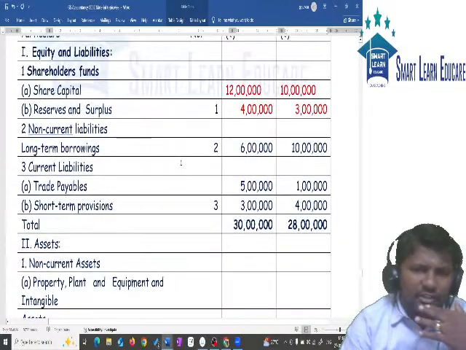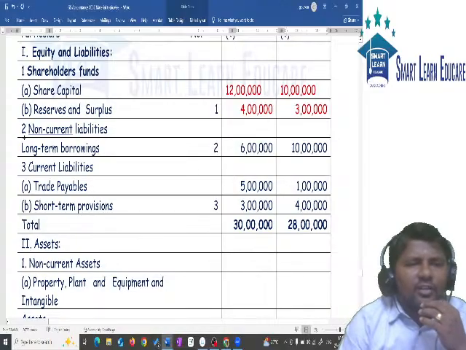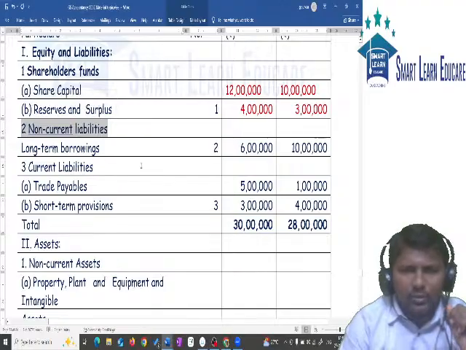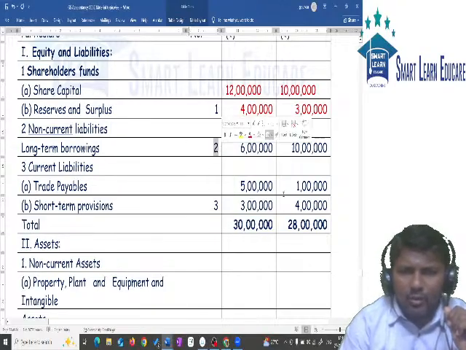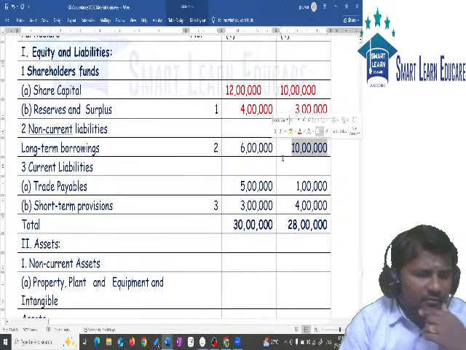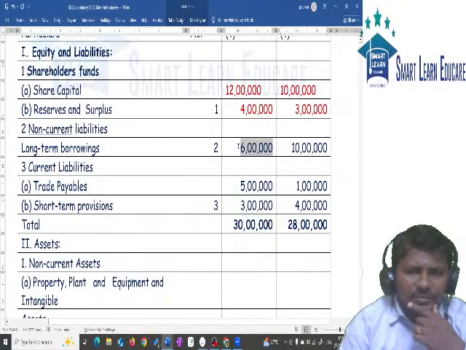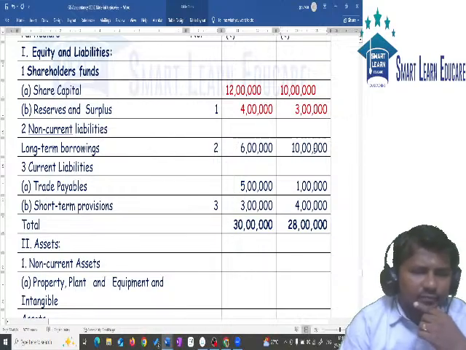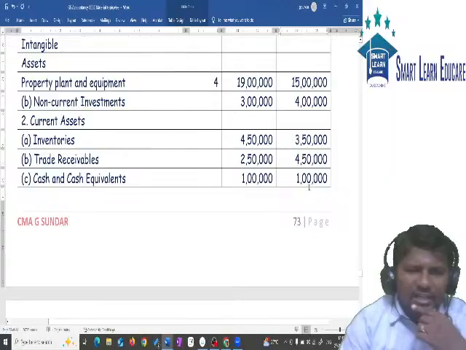Anyway, proceeding further. Next, non-current liability. Liability side, financing activity, it is required. We have point number 2. We have 10 lakh and 10 lakh has become 6 lakh. 10 lakh is the opening balance, 6 lakh is the closing balance.